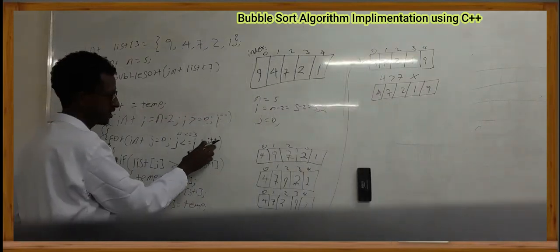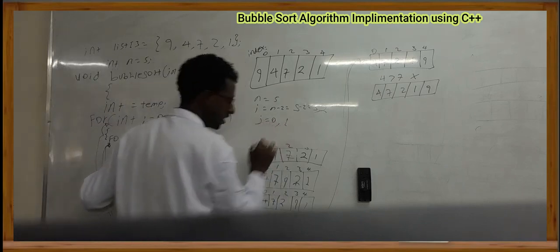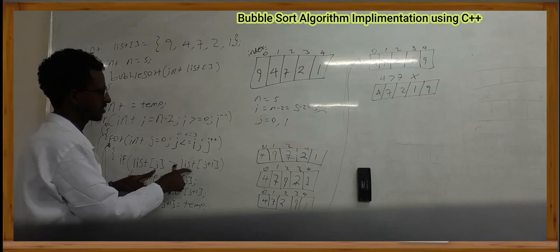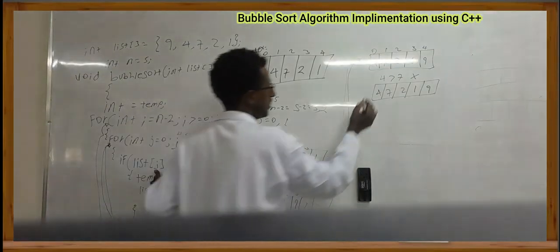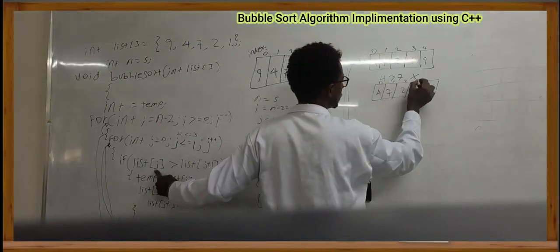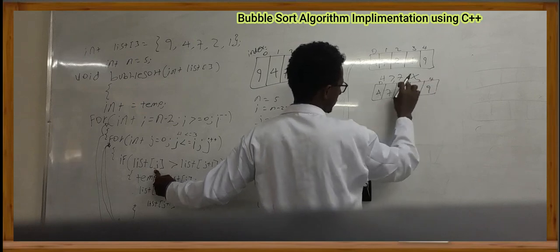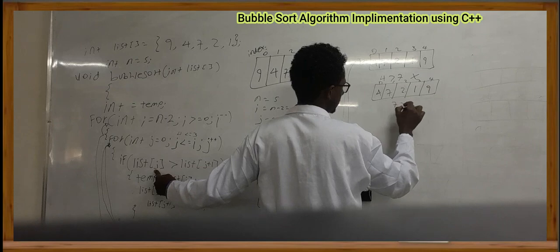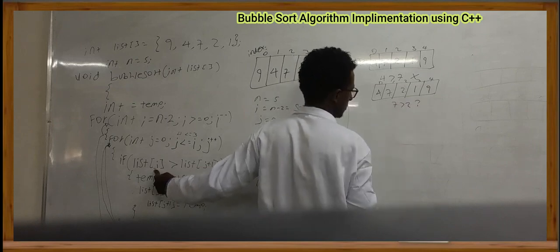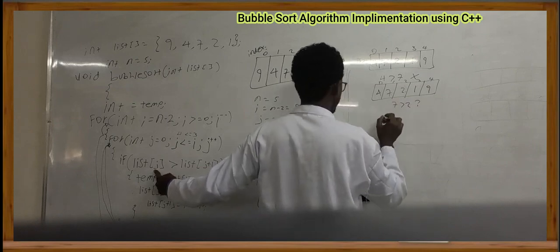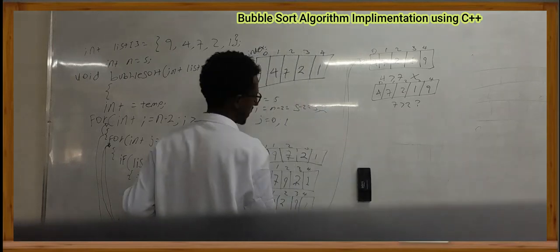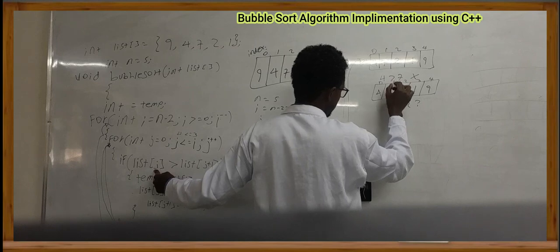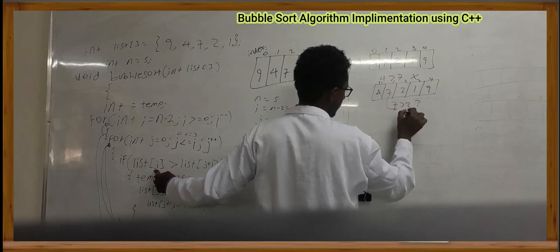And what do we do next? Increment the value of j. J becomes 1. And list of 1 greater than list of 1 plus 1, meaning 2. That means 7 greater than 2. Yes. Therefore, you should swap using the temp variable here. Put the value of list of 1 on the temp.